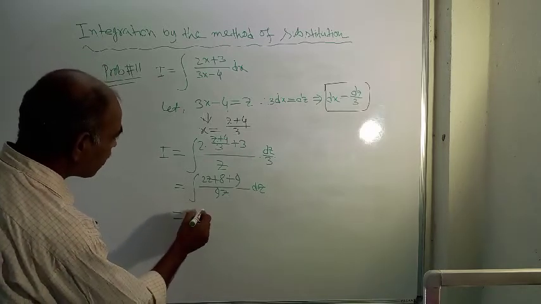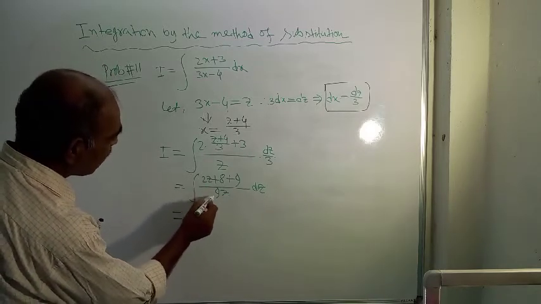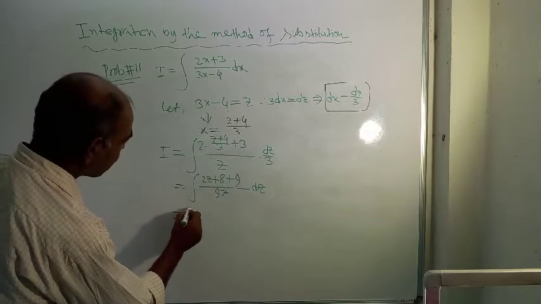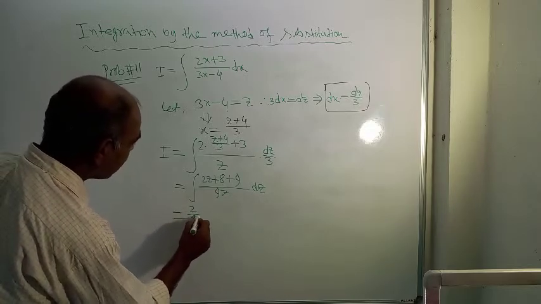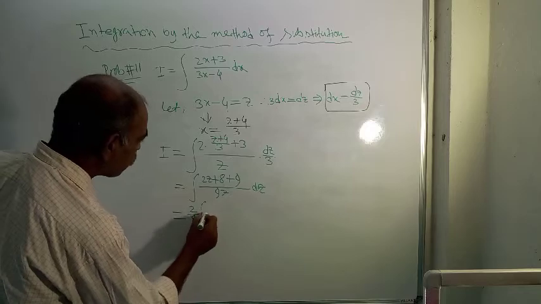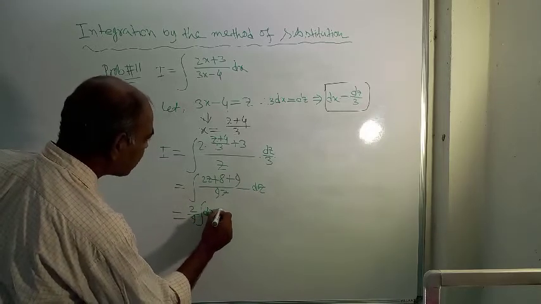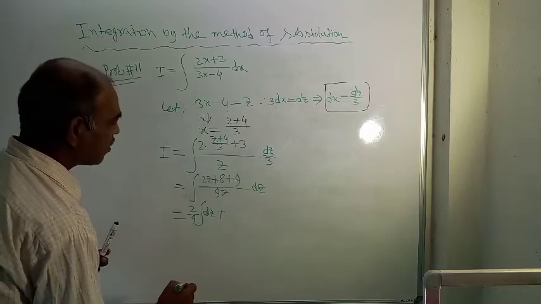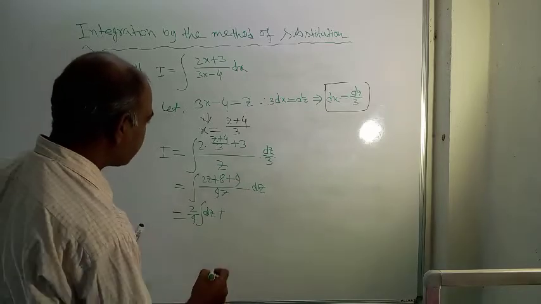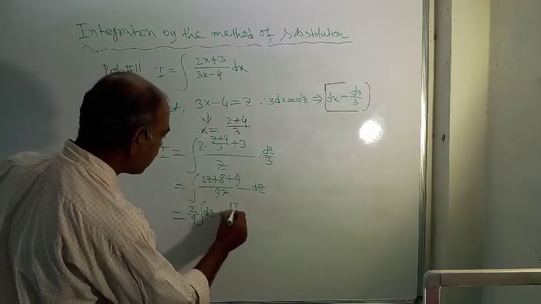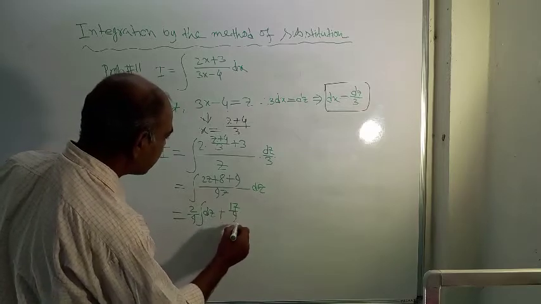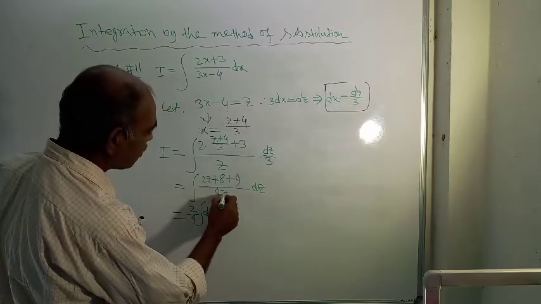Then this becomes what? 2z by 9z. So 2 by 9. Only 2 by 9. Integration of 2 by 9, 1. So dz. Plus 8 plus 9 is 17. So 17 by 9 and z is there.